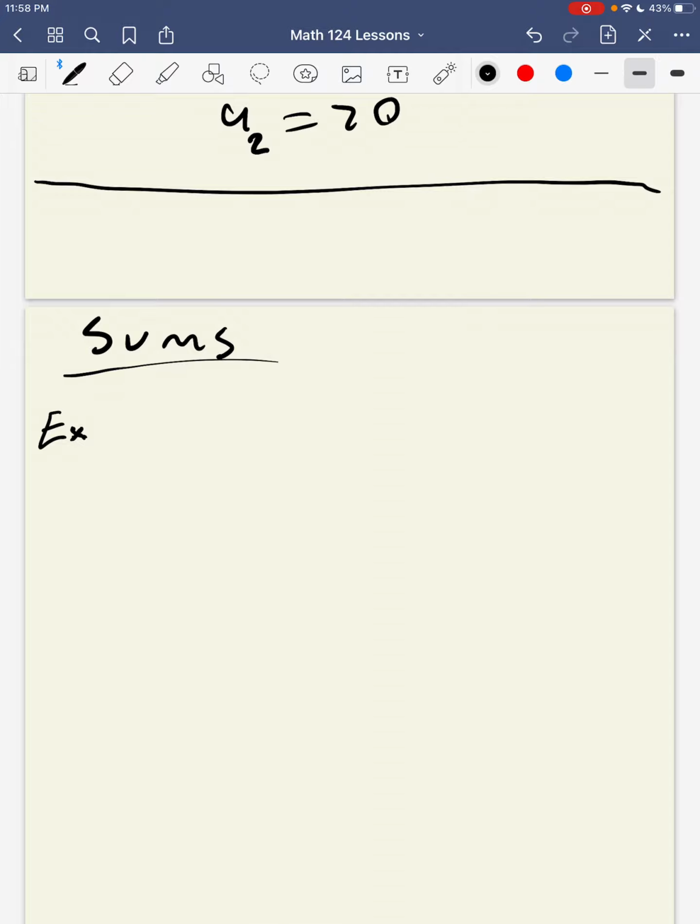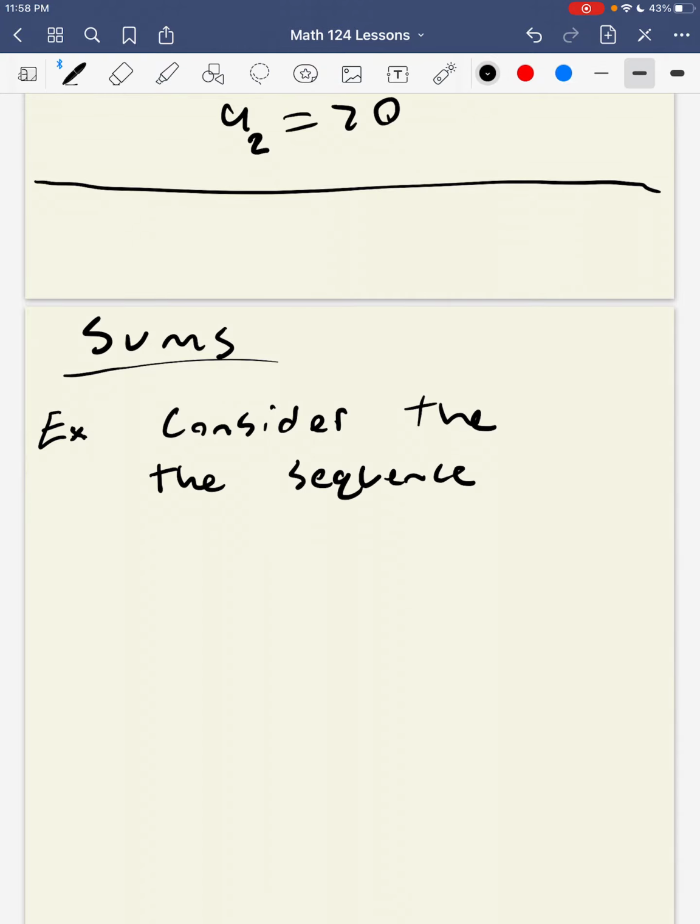So let's consider the sequence 2n plus 1. That's the sequence of odd numbers. What if we add the first 4 terms?